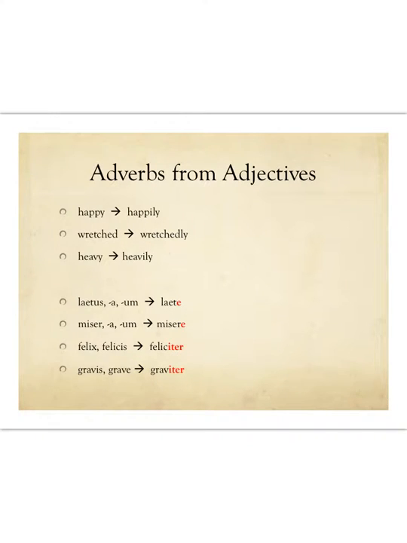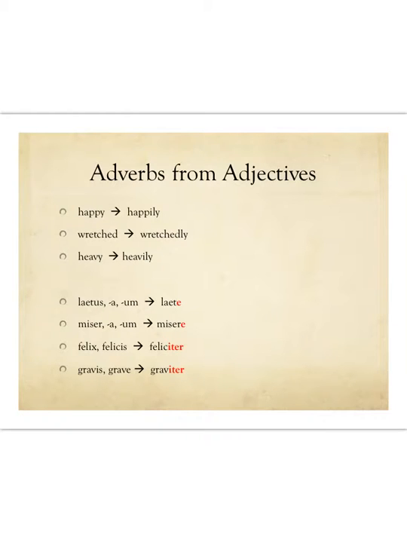Adverbs are words that modify, that is, give more information about verbs, adjectives, and other adverbs. So they usually answer questions like how something is done, in what way something is done. And a lot of adverbs in English are sort of modified forms of adjectives.